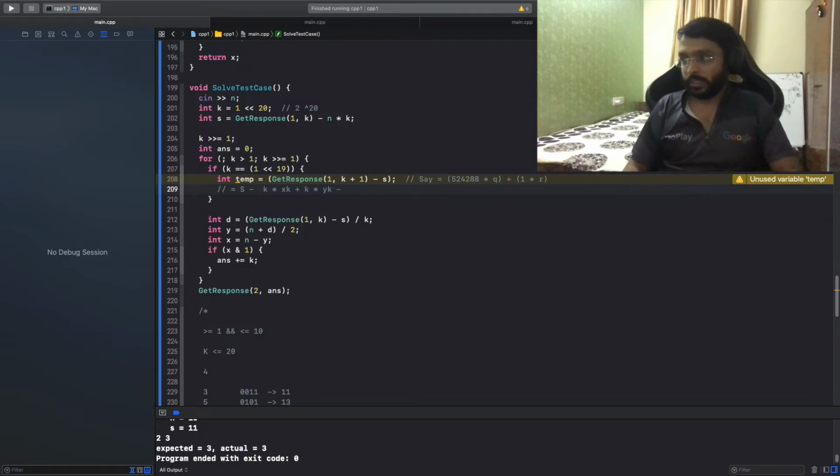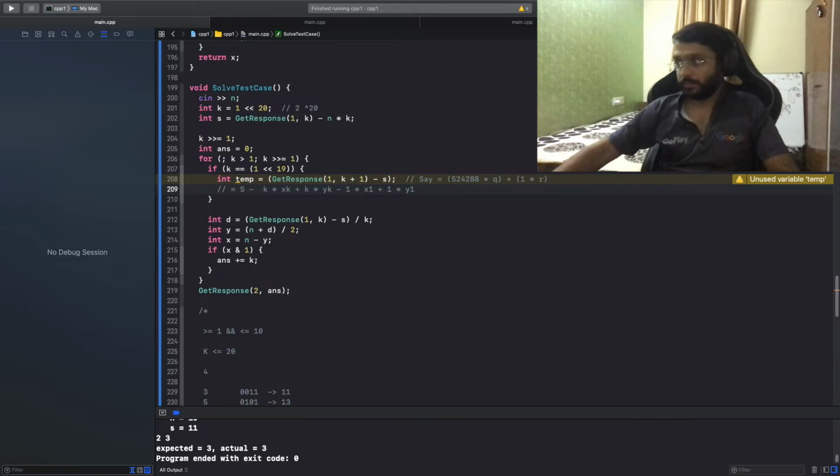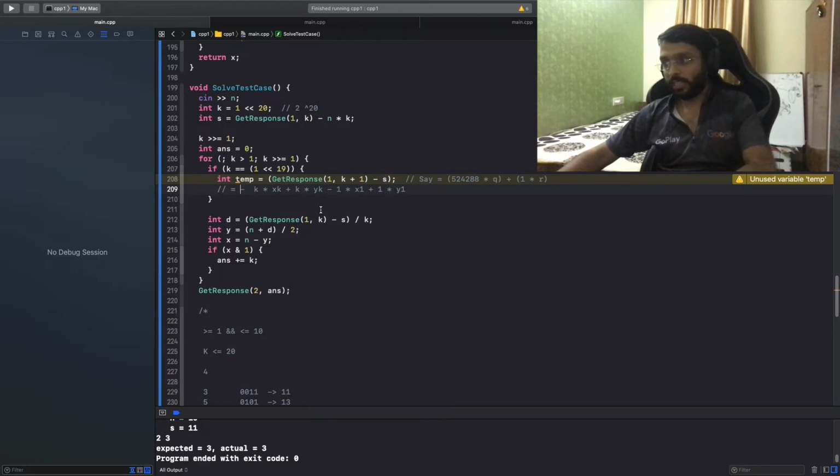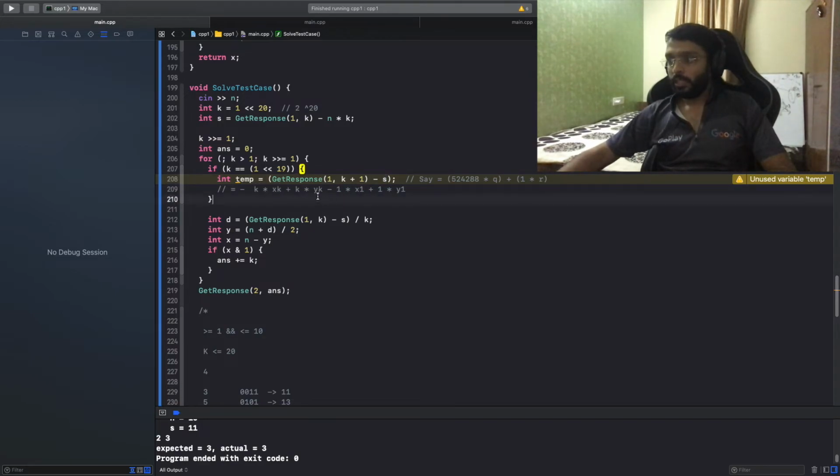Now it will be minus 1 into x of 1 plus 1 into y of 1. So when I subtract s, this gets cancelled. If I take k common, it will be xk yk minus xk, that will be q.